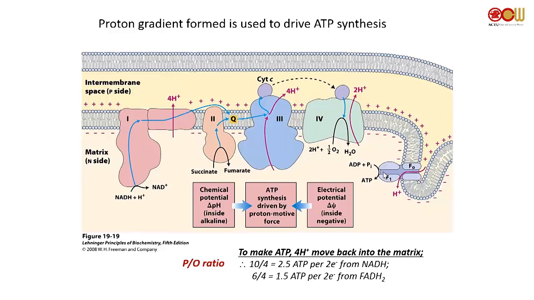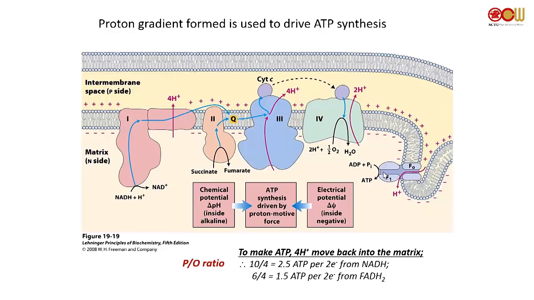So as a result, FADH2 only gives you 6 protons into the intermembrane space, so then you only get 1.5 ATP per FADH2. Whereas NADH, because you have a conformational change for complex 1 enzyme, as the 2 electrons pass from NADH to coenzyme Q, the conformation change promotes protons going from the matrix side to the intermembrane space side.